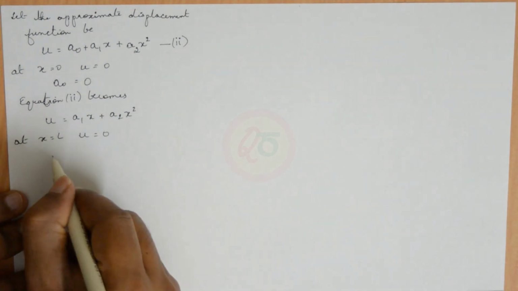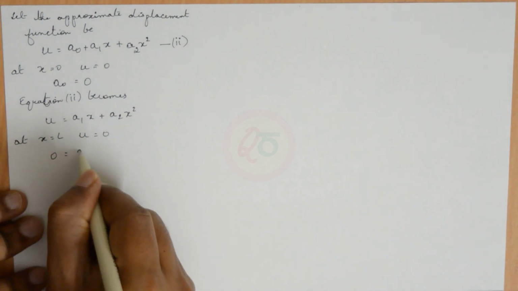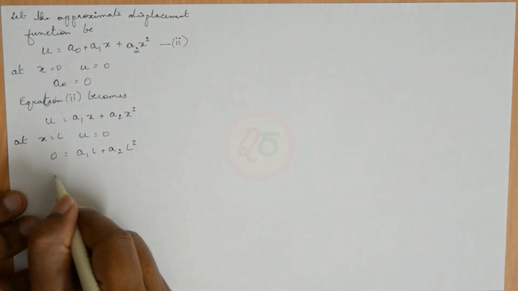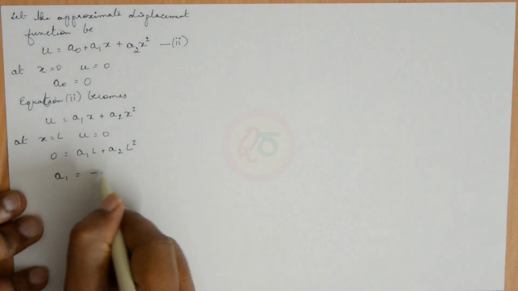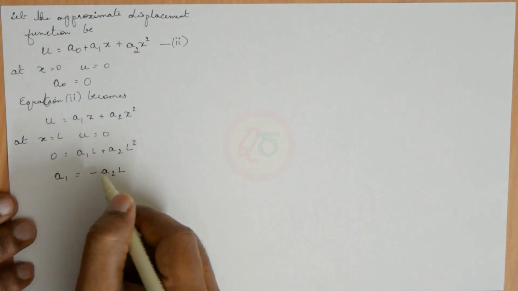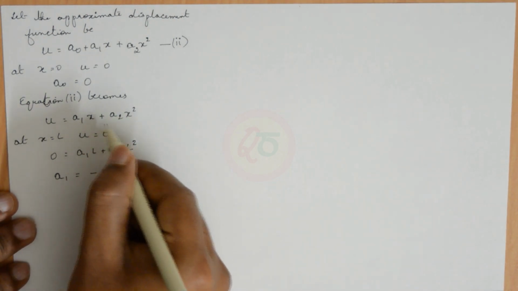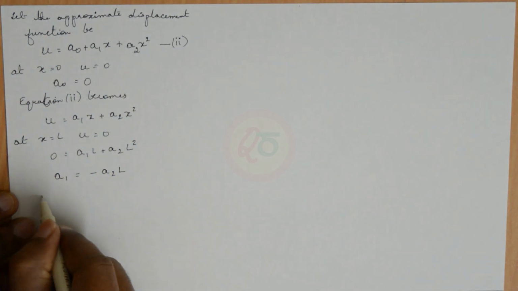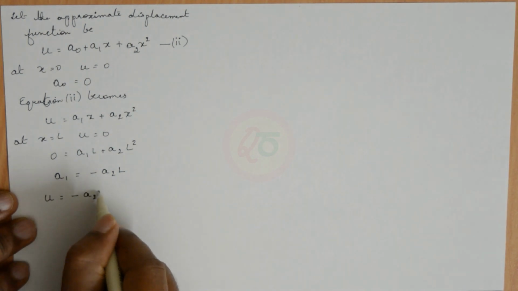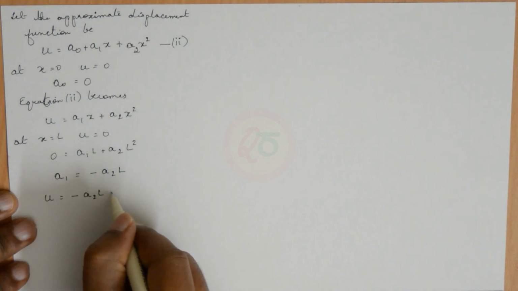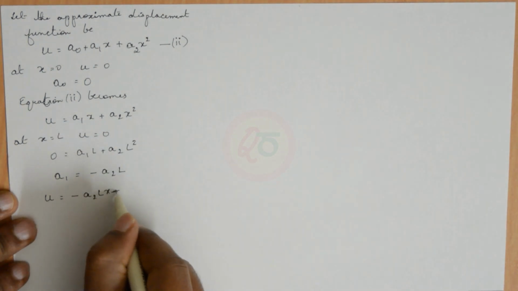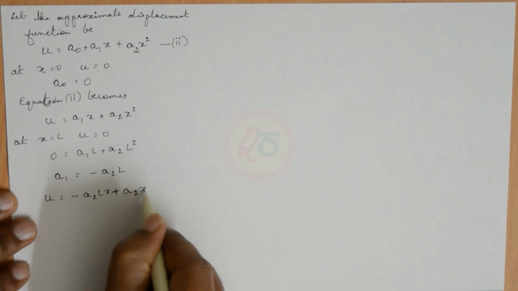So substituting this, we obtain 0 equals a1 into L plus a2 L square, which is nothing but a1 will take a value of minus a2 L. Substituting this into the equation of u, we will obtain u equals minus a2 L x plus a2 x square.